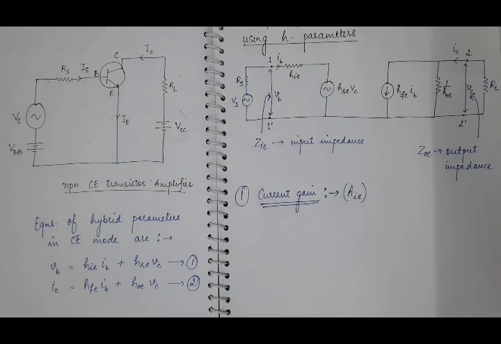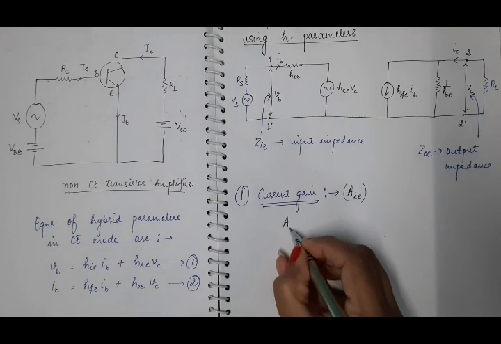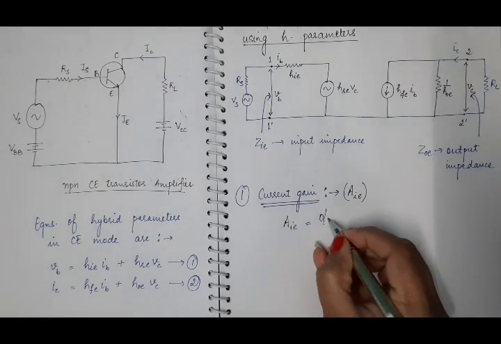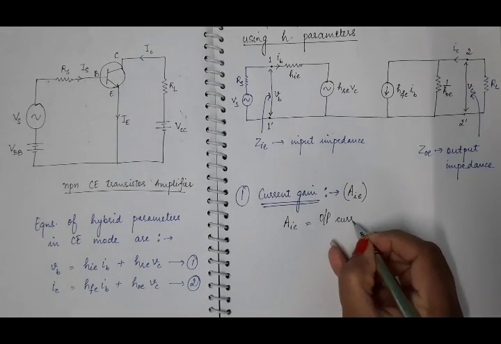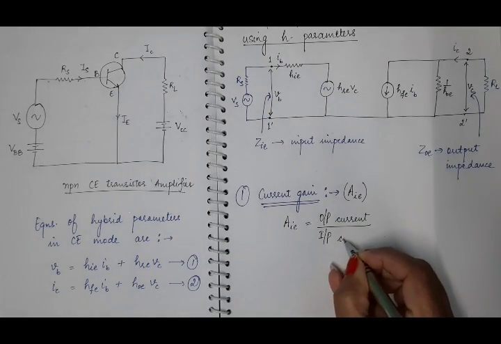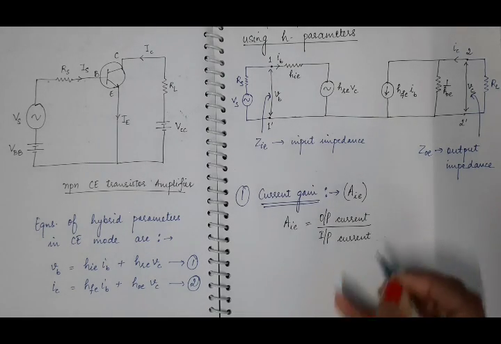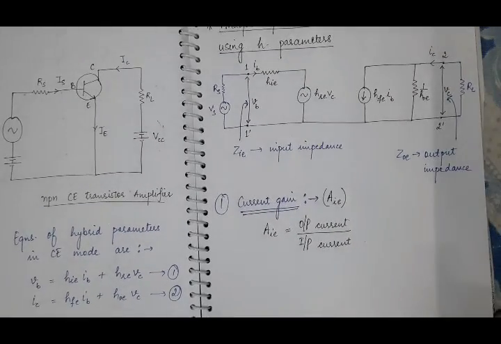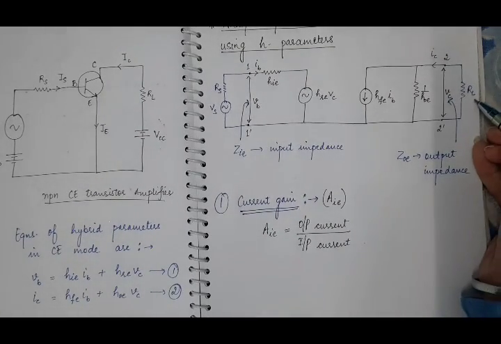According to the definition of current gain, it is the ratio of output current to the input current. So what will be the output current here? Output current will be the current which is flowing through resistance RL.